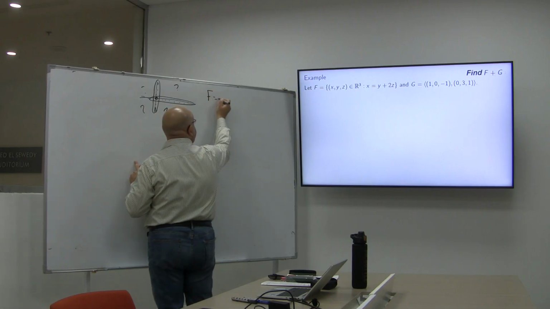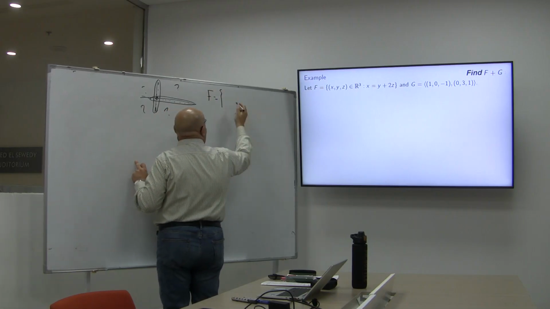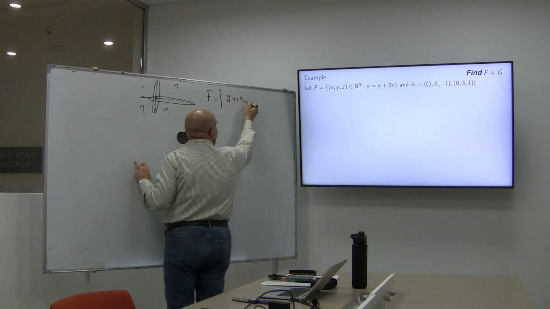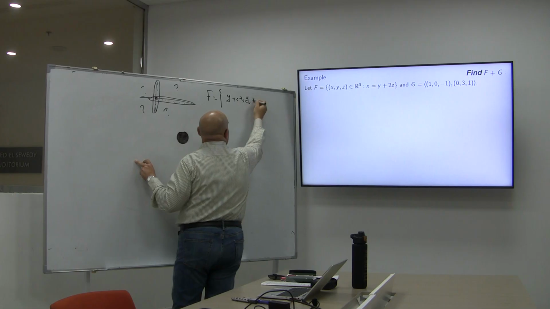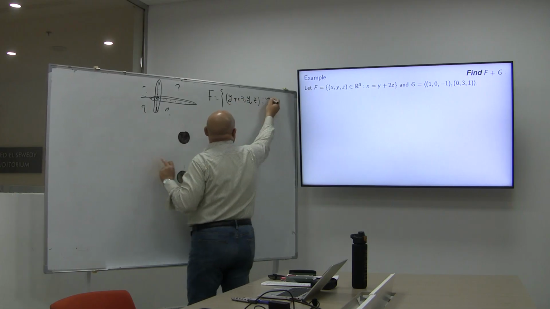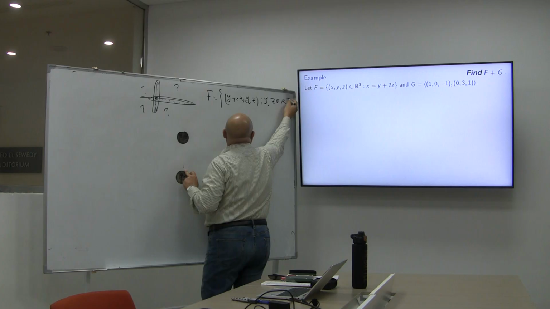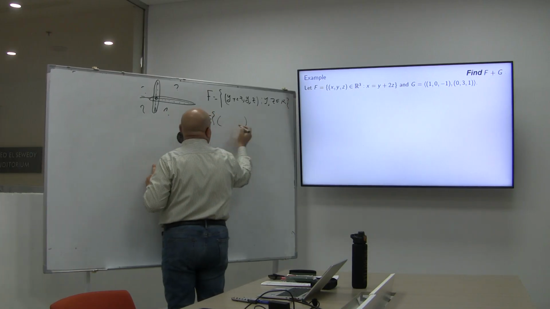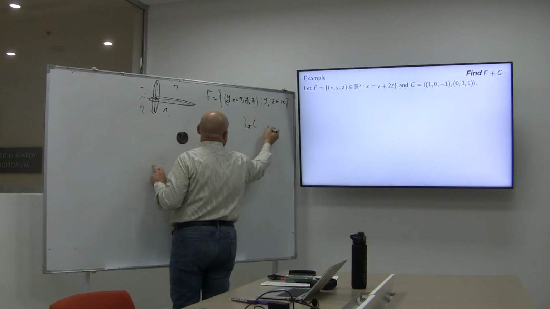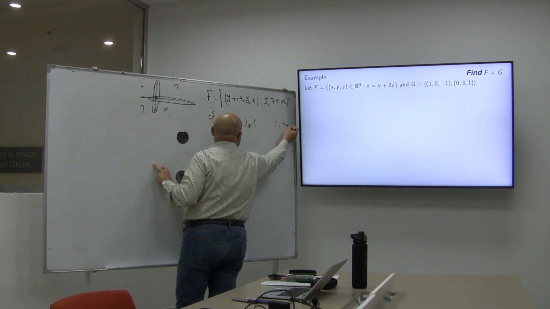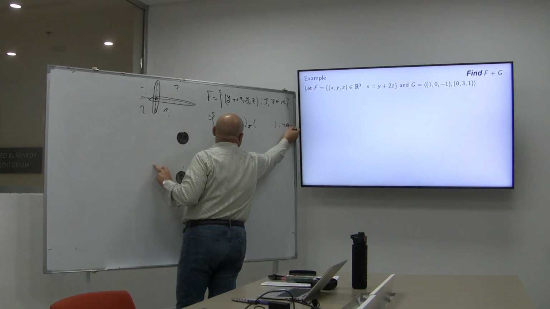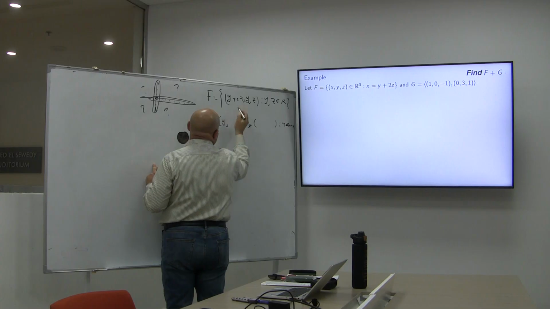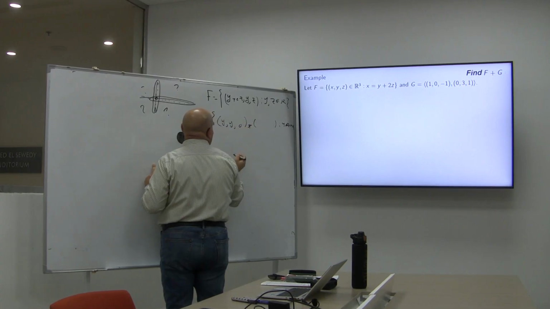So F as a subvector space, I can replace x by y plus 2z, and I have the y coordinate and the z coordinate, such that y and z belong to R. So simply I can separate them: the first one is going to be y for the first coordinate, y for the second, and 0 for the third.